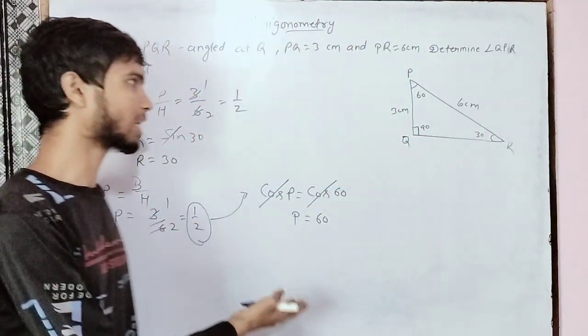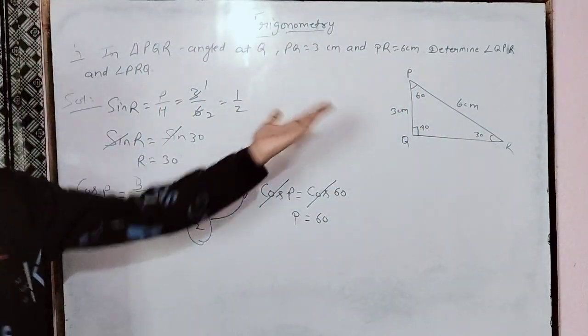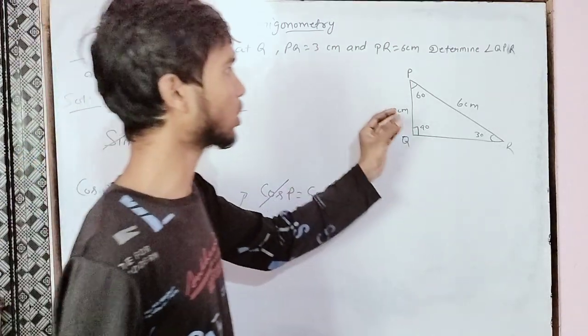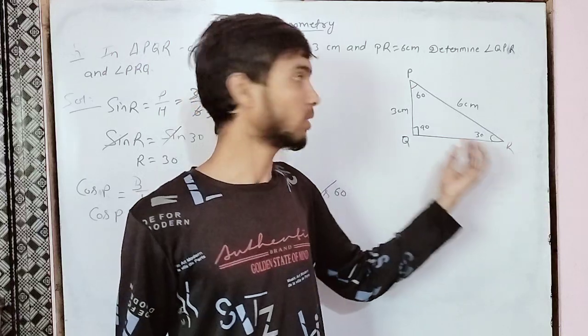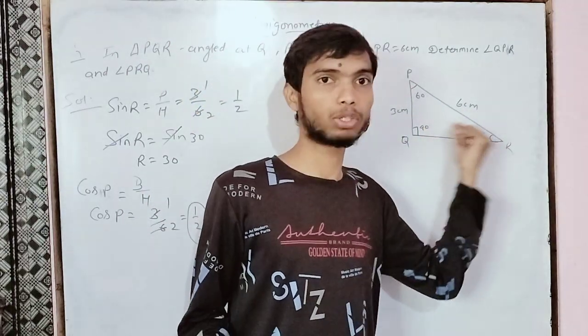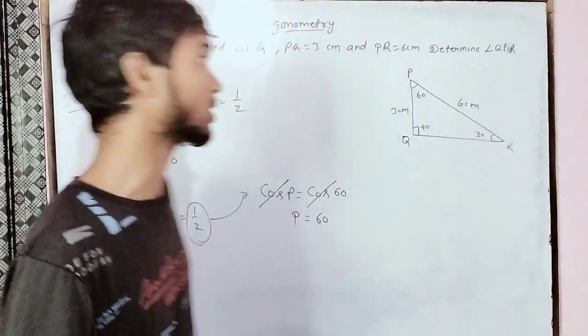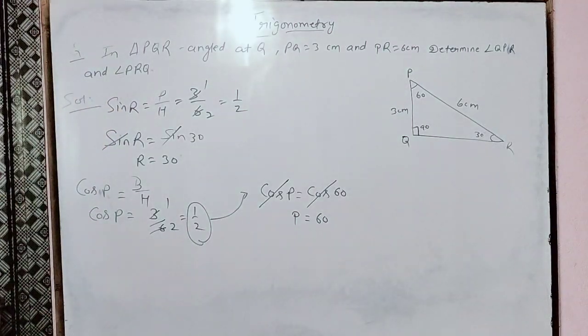And here you can see we have found the value of these two thetas with the help of the measure of the two sides which were given. Now it is done.